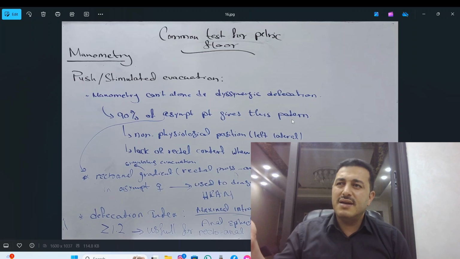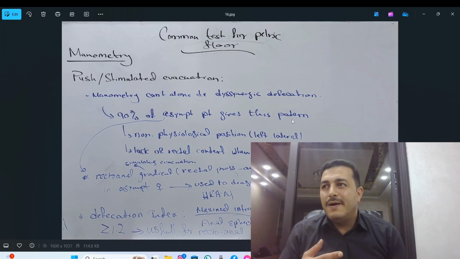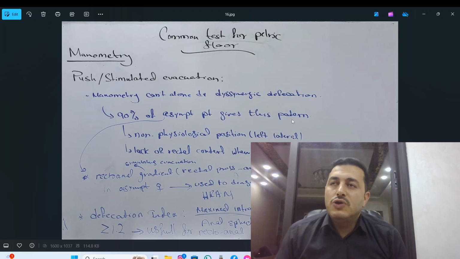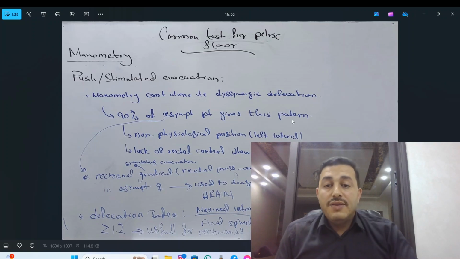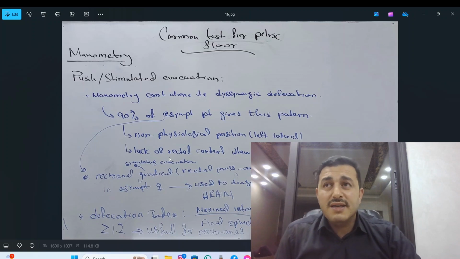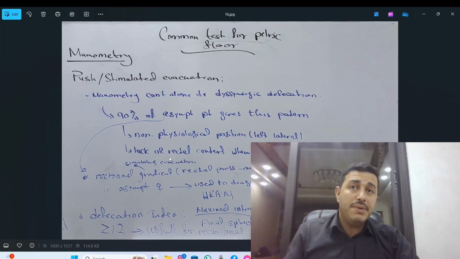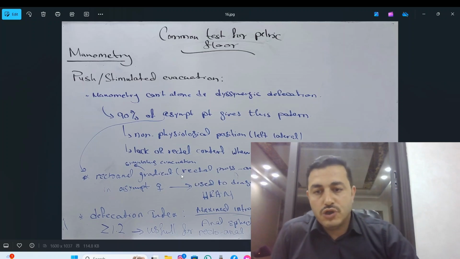The patient is in the left lateral position, which is actually not adequate for evacuation. It's not the usual, normal positioning, it is a non-physiological position for evacuation. The second, the rectum may be empty, so he cannot simulate defecation.